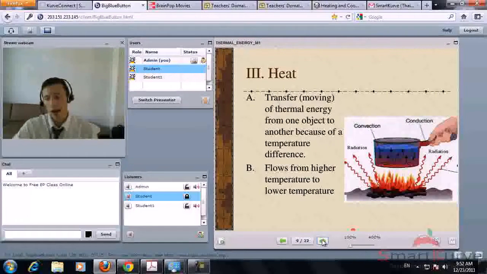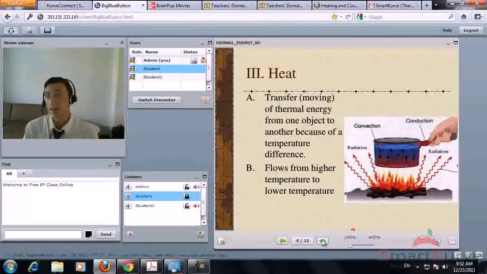We have a hand holding a pot over a fire. The first one I want to look at is that hand. You'll see the type of transfer there is conduction. Conduction. That's the transfer of heat because of touching.